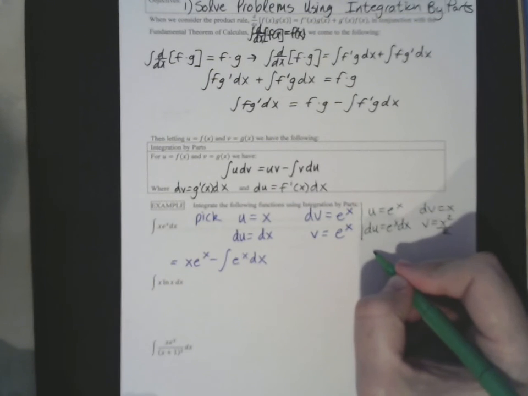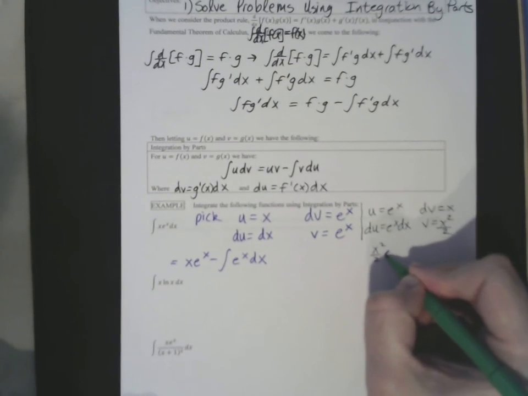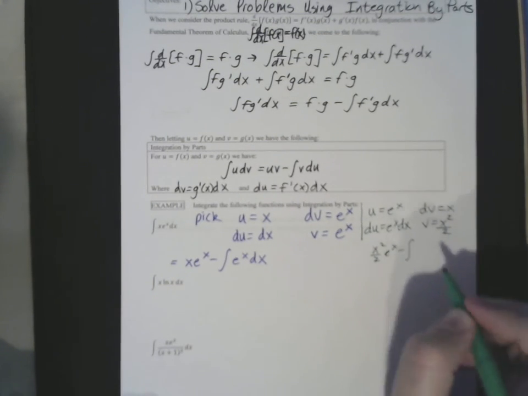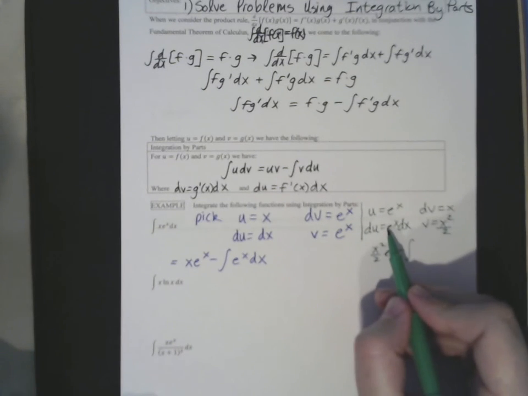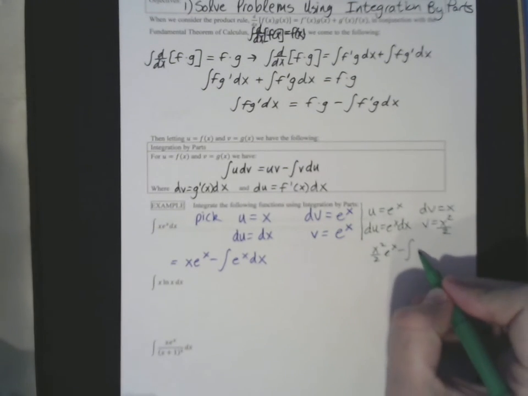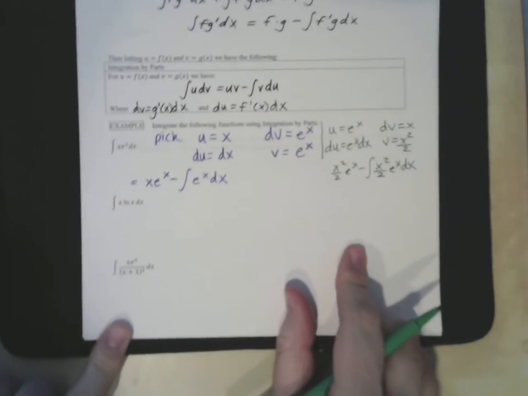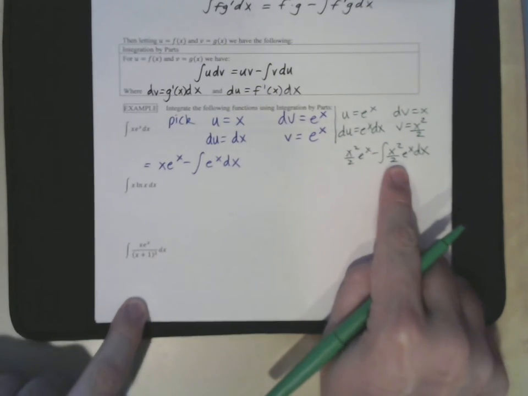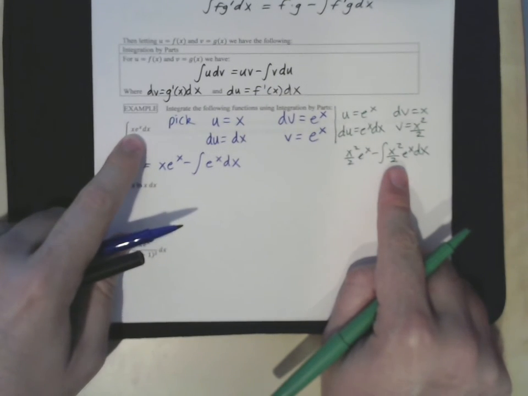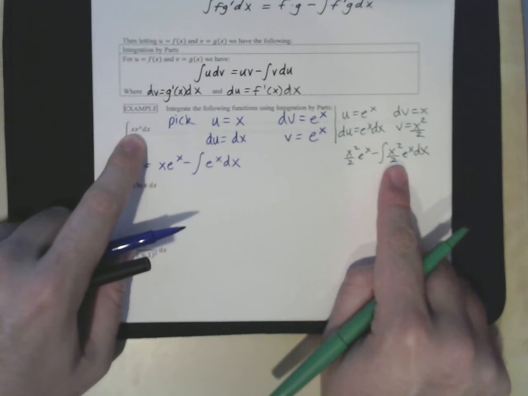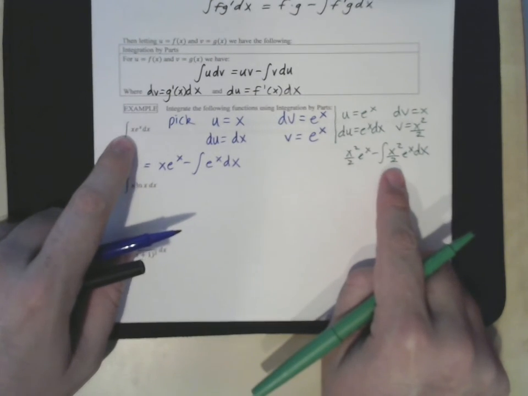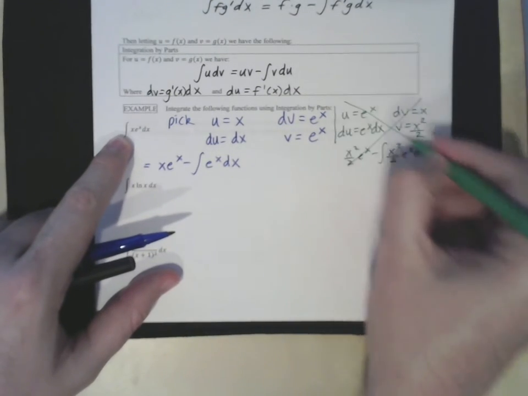And so we end up with x squared over 2 e to the x minus the integral of v du, which is x squared over 2 e to the x dx. So if we're comparing, this integral is even harder than this integral, because now I have an x squared instead of just an x. So that's why we don't select that.